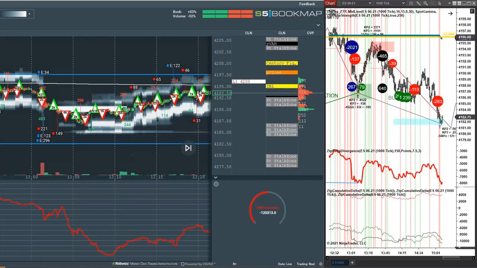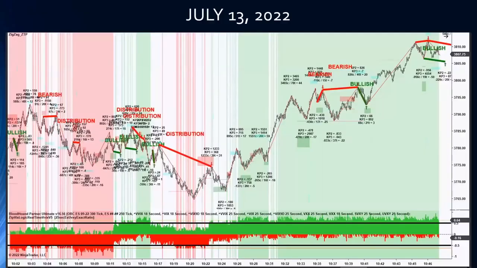Now, this is a really interesting chart because over the days of July 13th and July 14th, we were making some lows here. And this is a brand new template that I've created. I've adjusted my original template, and I really do like this template a whole lot more.